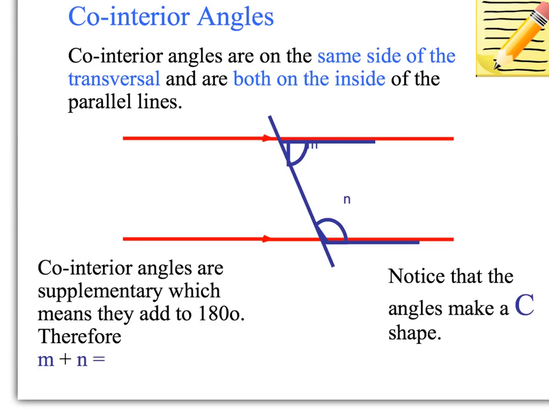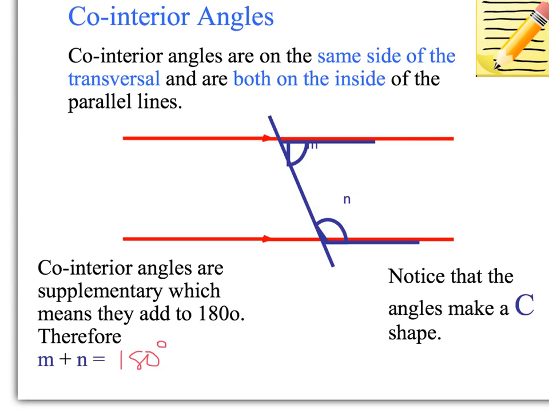Now these angles are not equal, however they do add to 180 degrees. So co-interior angles always add to 180 degrees. Therefore, M and N will equal 180 degrees here, because we know that a straight line equals 180.